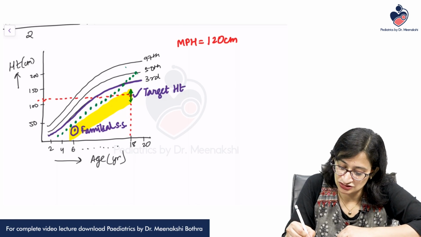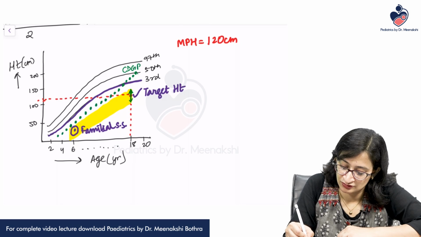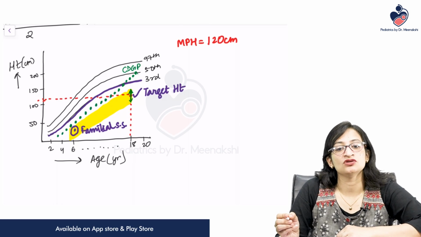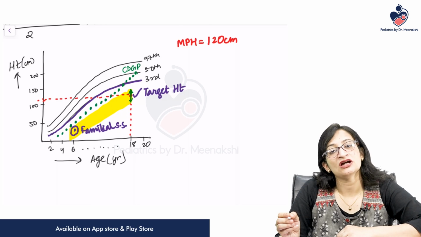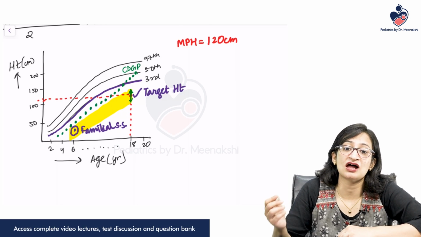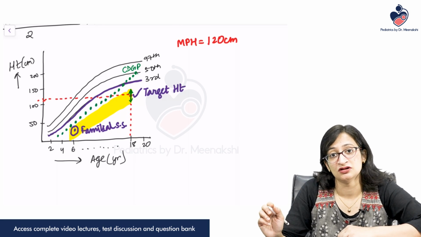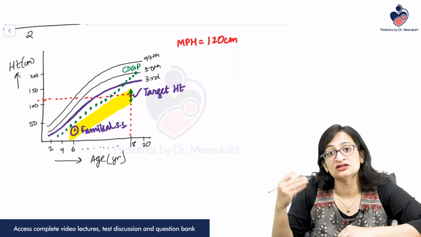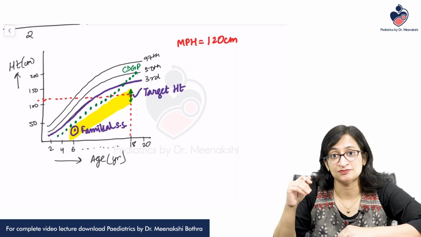So this is CDGP, constitutional delay in growth and puberty. So now you can make out why we are calling it a normal variant, because the ultimate final height attained is going to be normal, though during childhood the child's height is less than what is expected.